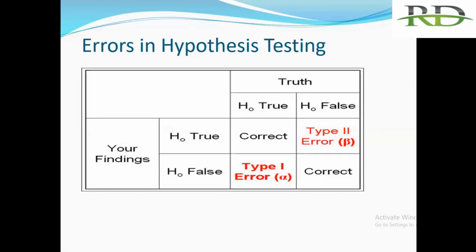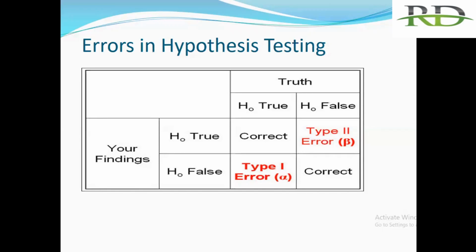This kind of error is called type 1 error. On the other hand, if your hypothesis is actually false, that is, the fact is that height is not 155, but your results say that height is 155, that type of error is called type 2 error or beta.